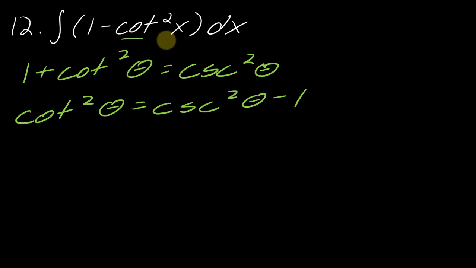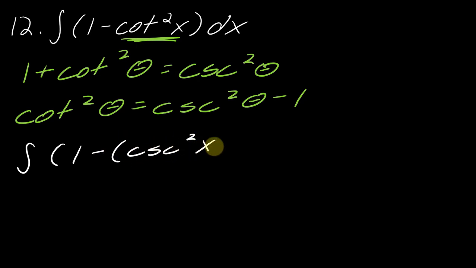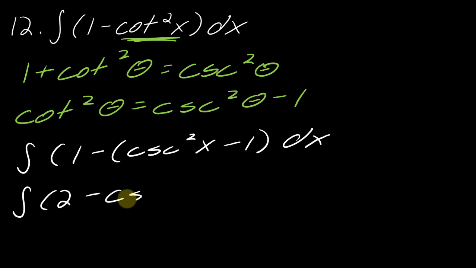So I'm going to substitute this into my cotangent now. So this will become 1 minus cosecant squared x minus 1 dx. Okay, so then I get 2 minus cosecant squared x dx. Now we just work this out.